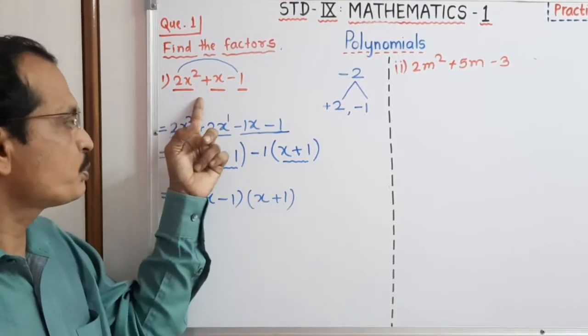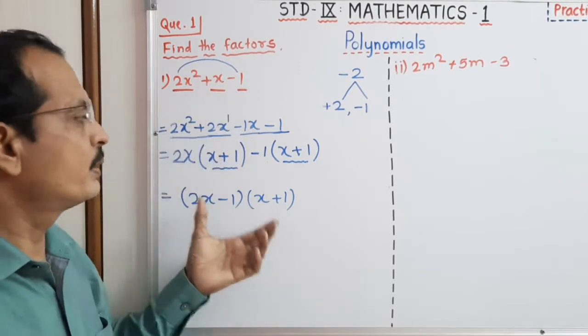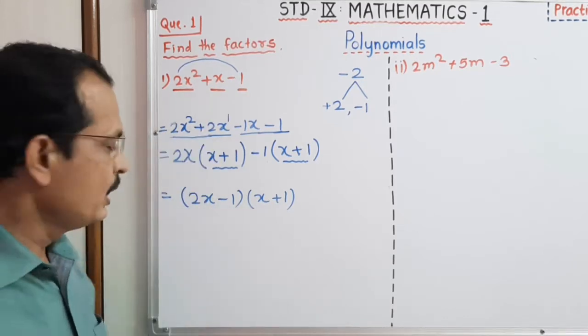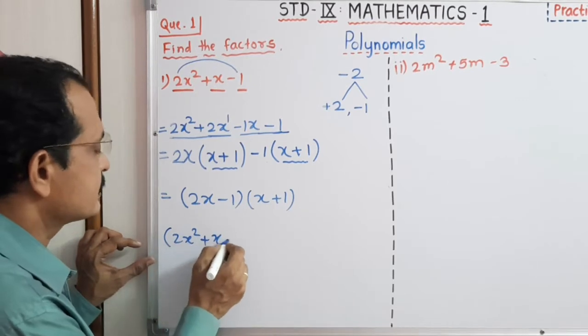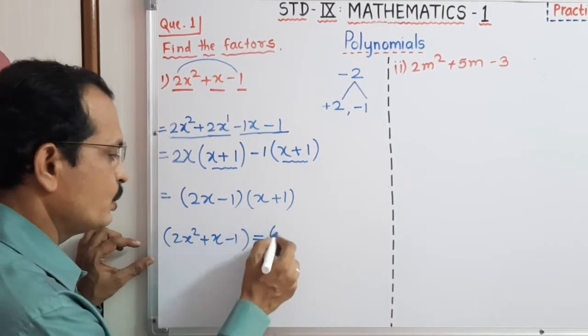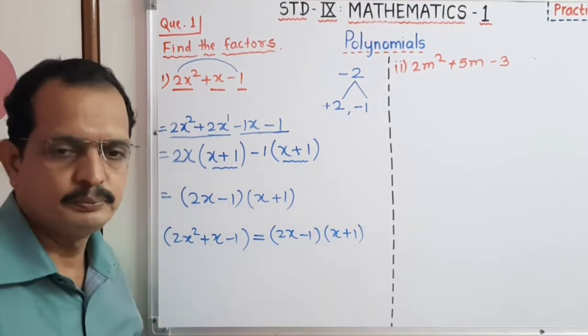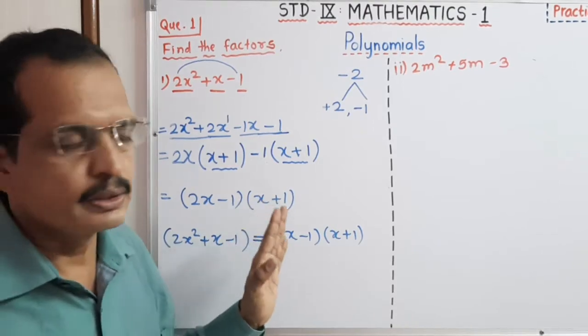If we divide this polynomial by 2x minus 1, the remainder will be 0. Therefore, dear student, these are the factors of the given polynomial. Therefore, we can write 2x square plus x minus 1 is equal to 2x minus 1 into x plus 1. I think everyone understood this.